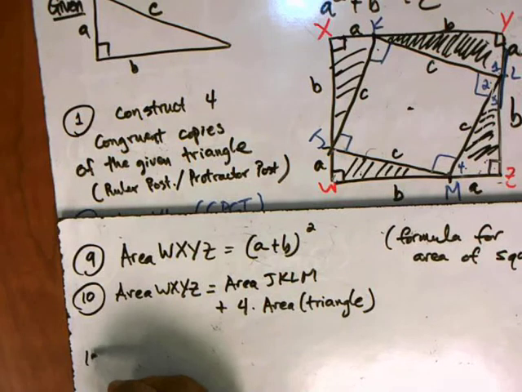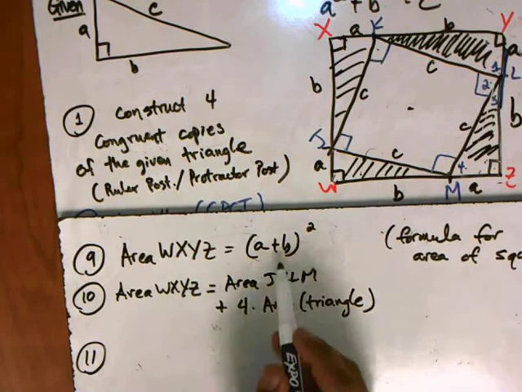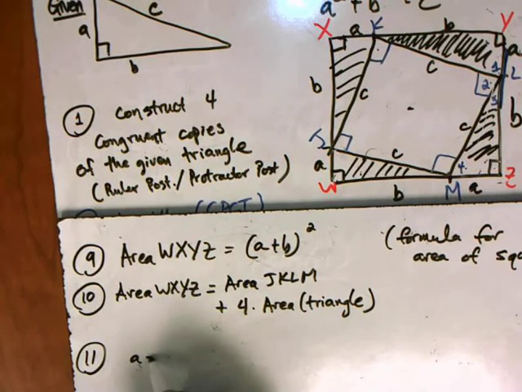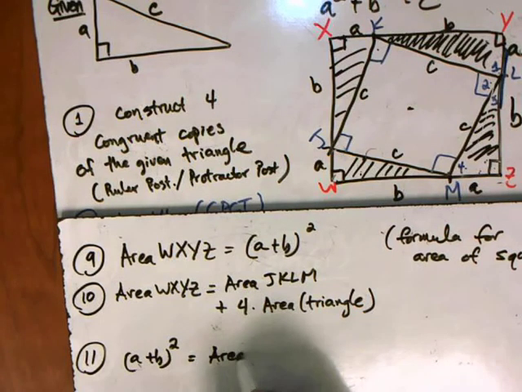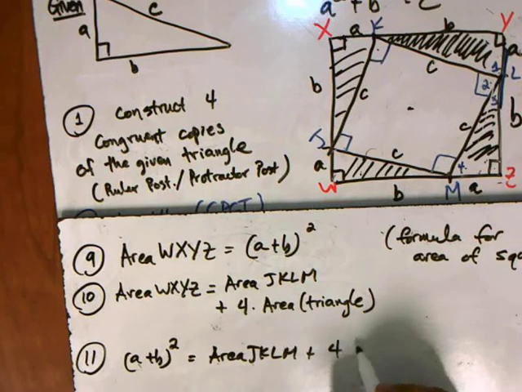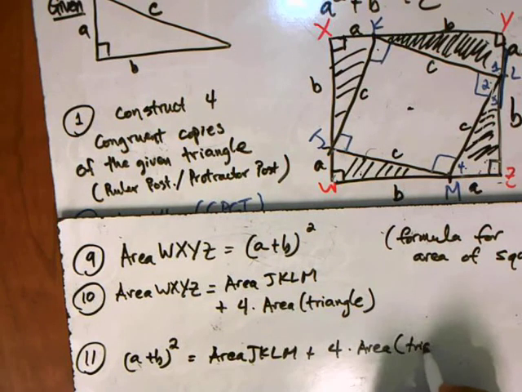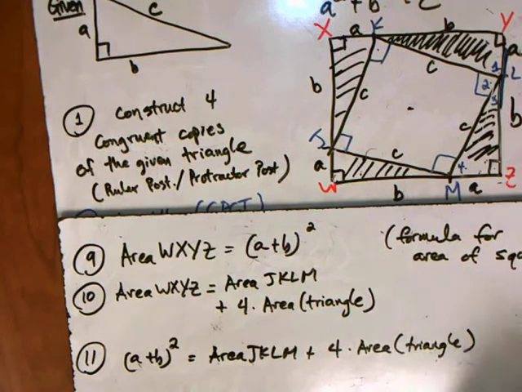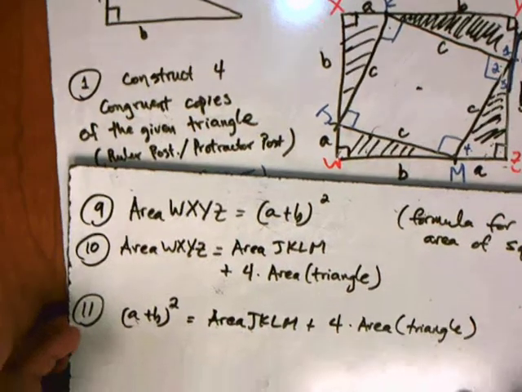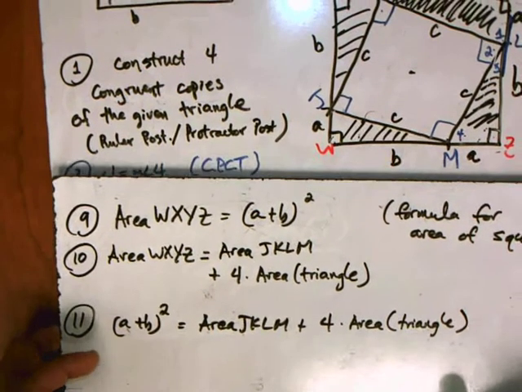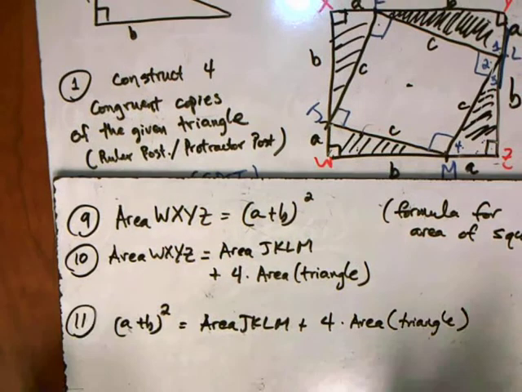Okay. So now we can use the transitive property and set these two equal to each other. So I can say (a plus b) squared is equal to the area of JKLM plus 4 times the area of the triangle. And then we'll do a little bit of substitution here.